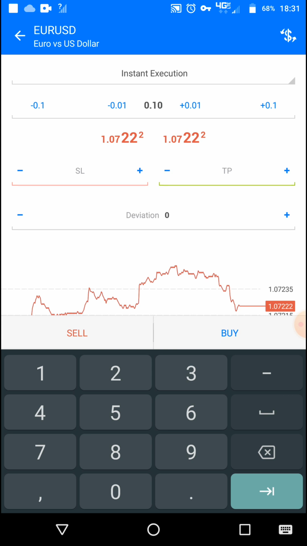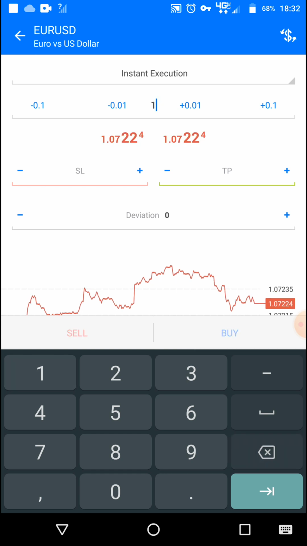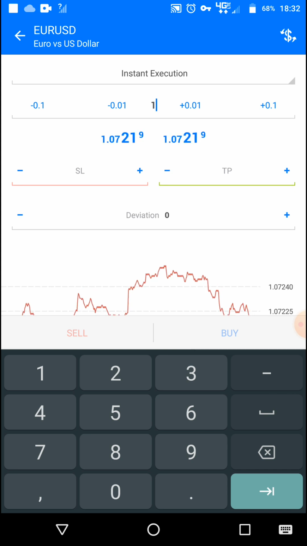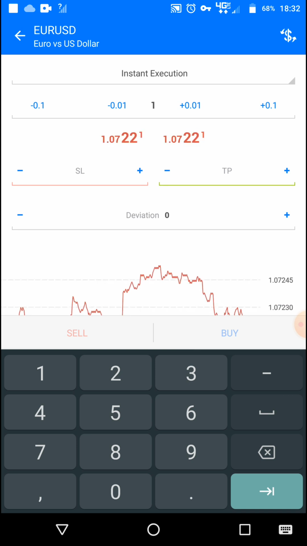To make it simple, I always tell my beginners that 0.01 means 10 cents, 0.1 means $1, then one lot size is $10, meaning that every pip will cost that amount, that $10. When the pip moves one, whether you are gaining or losing, when you are gaining, it will give you $10.